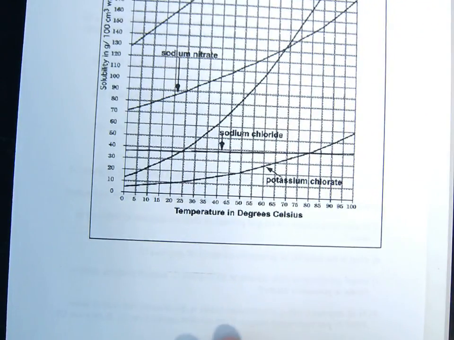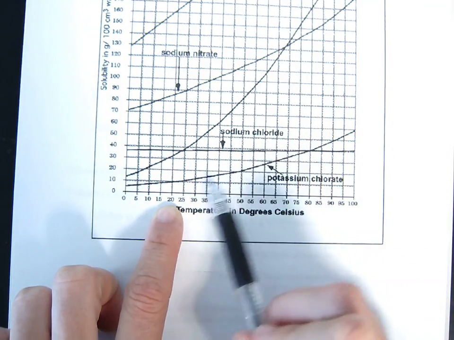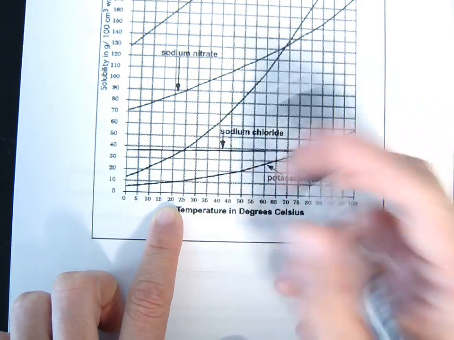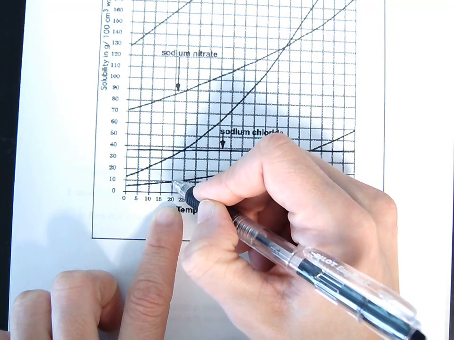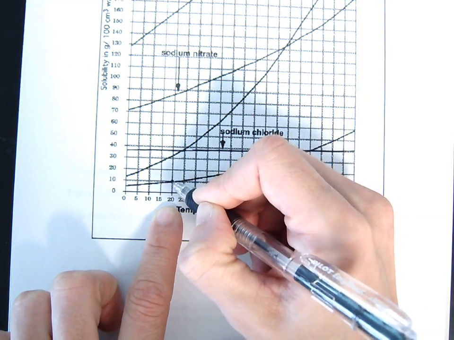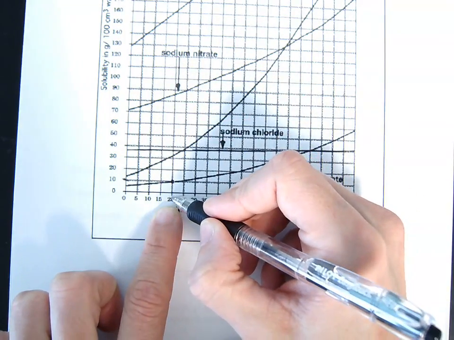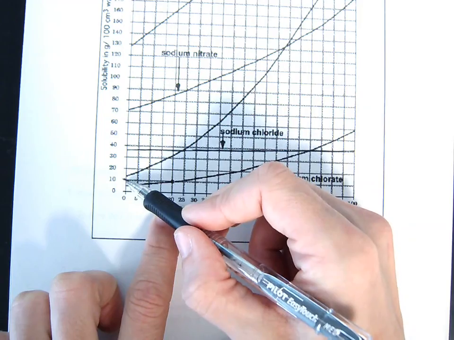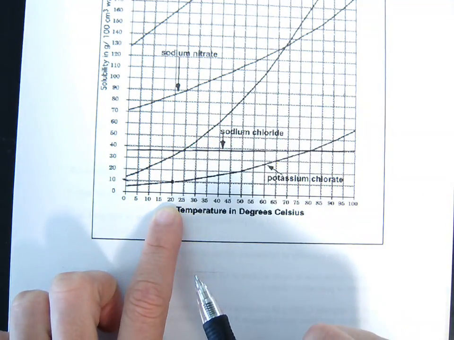It says at 20 degrees, so here's 20 degrees down here, and we're looking at potassium chlorate, which is this line right here. So at 20 degrees, we follow that up, and the point at which it intersects with the line tells you its solubility. So at 20 degrees, 10 grams of potassium chlorate can dissolve in 100 cubic centimeters of water.